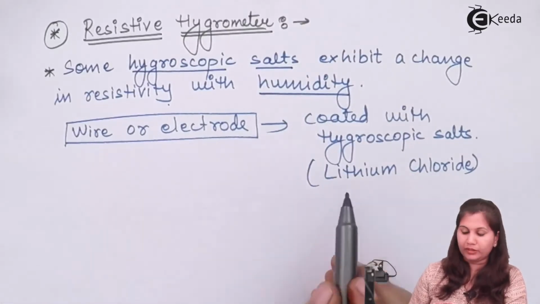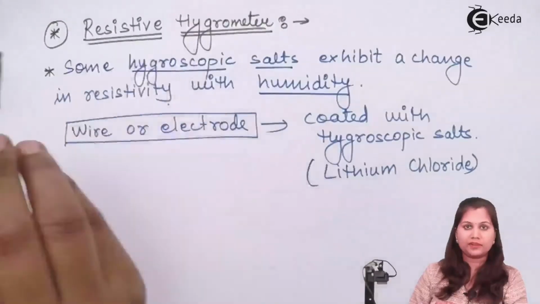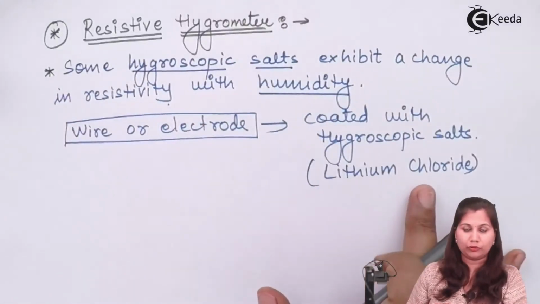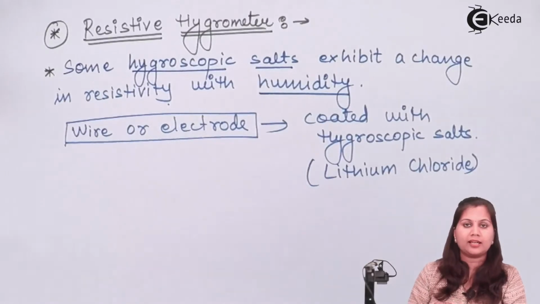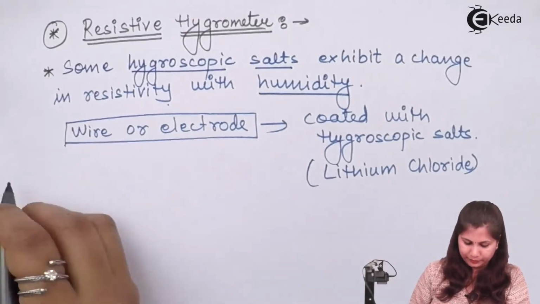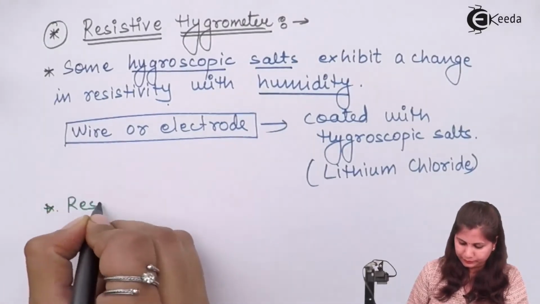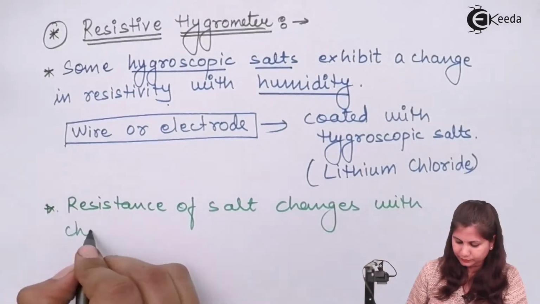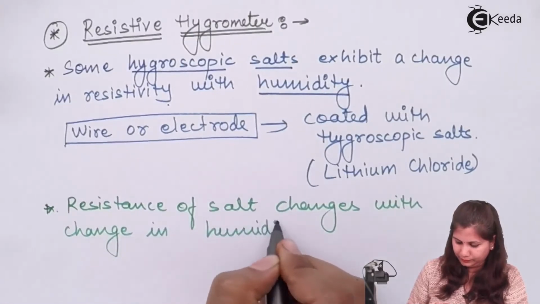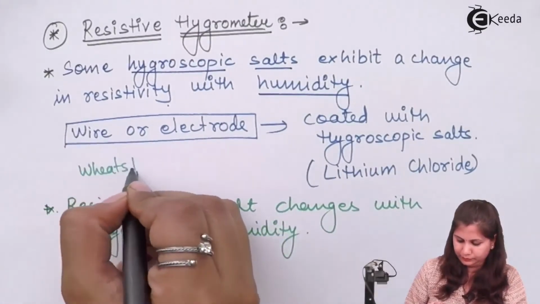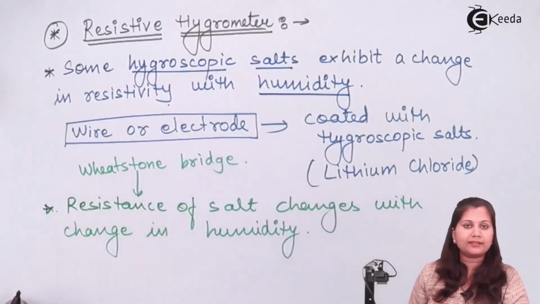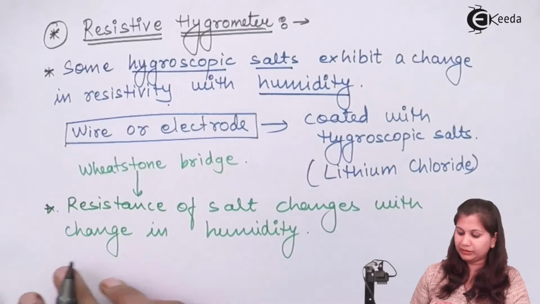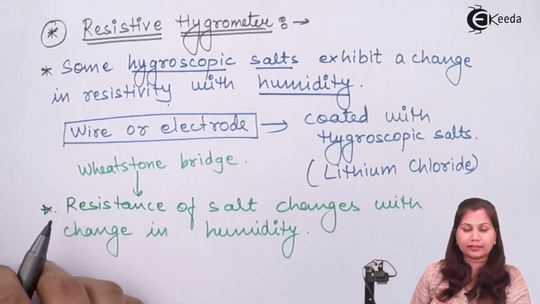In the resistive hygrometers we will have a mixture of this lithium chloride. As the humidity changes, the resistance of the lithium chloride is going to change, and that change in resistance is measured with the help of a Wheatstone bridge. Now let us see the diagram for the resistive hygrometer having lithium chloride as a conducting film.